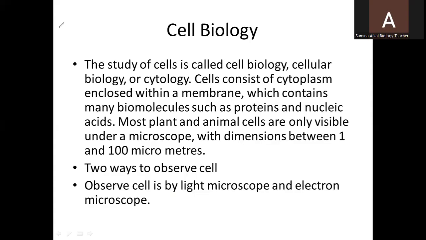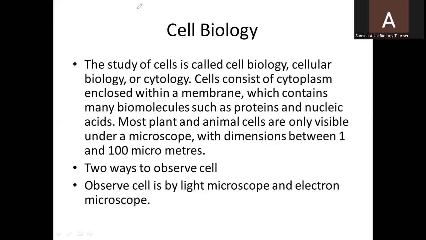As I already told you in the description, there are two ways to observe cells, because we need to observe how they perform different functions, what their components and parts are, and what their requirements are. So we observe the cells by light microscope and electron microscope.